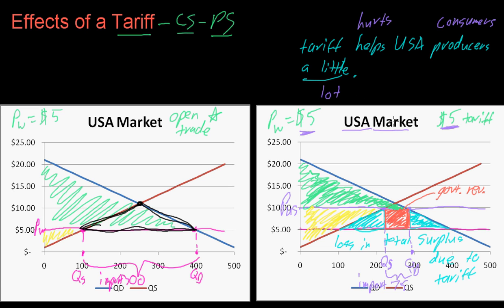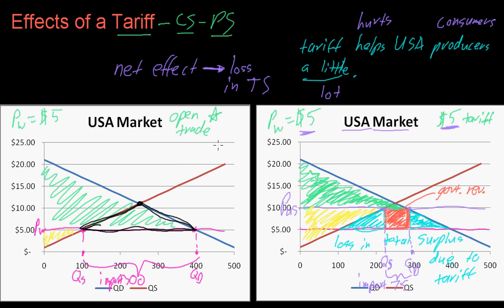And so the net effect is, and I'm just going to write an arrow, that this leads to a loss in total surplus. There we go. A loss in total surplus.